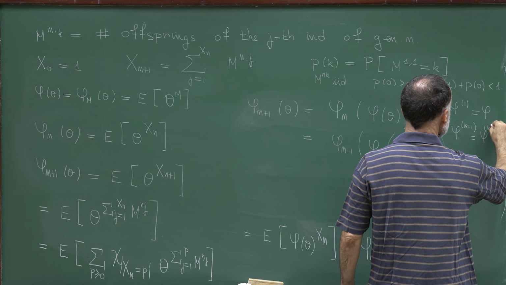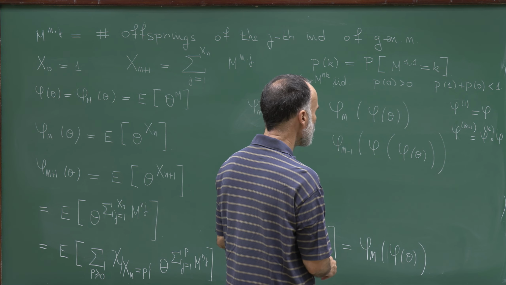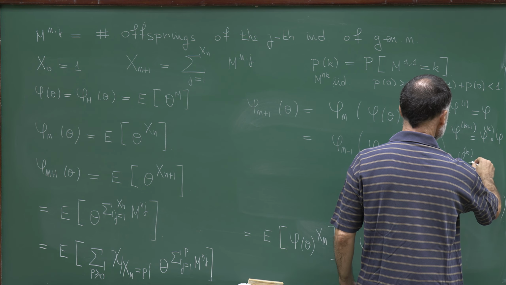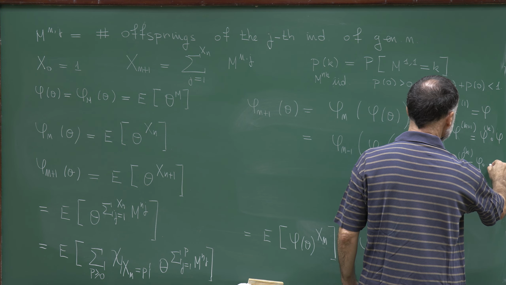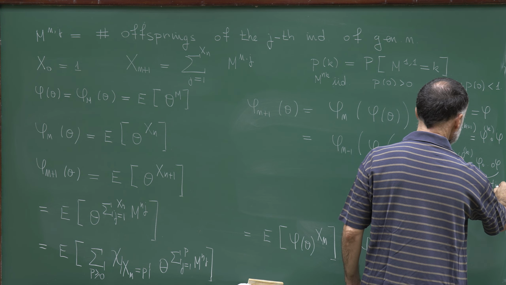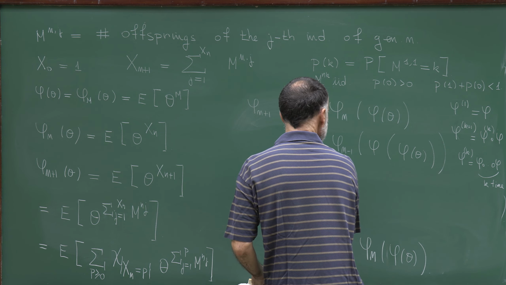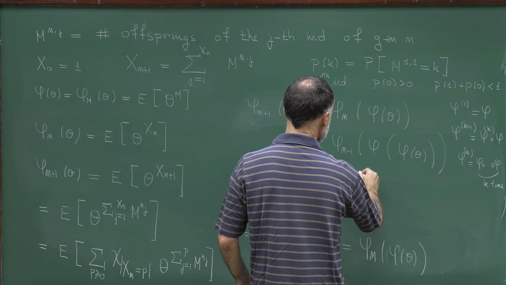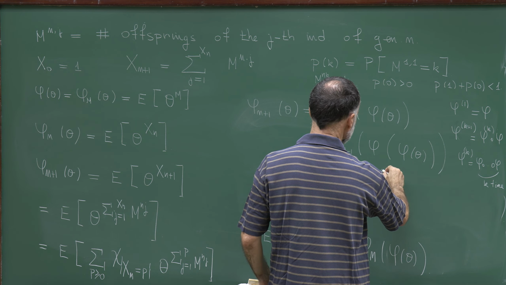So with this notation, this is exactly phi 2, the composition of phi with phi. So phi k in this notation will be phi composed with itself k times. And what we get is that this is equal to phi n minus 1 of phi 2 of theta.